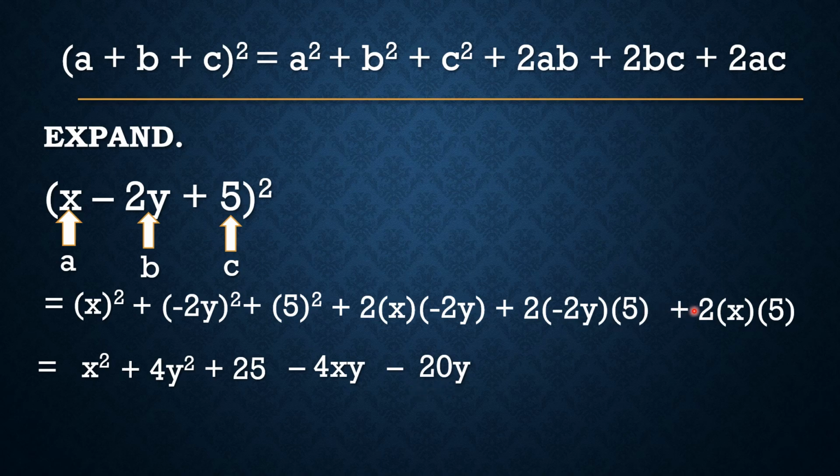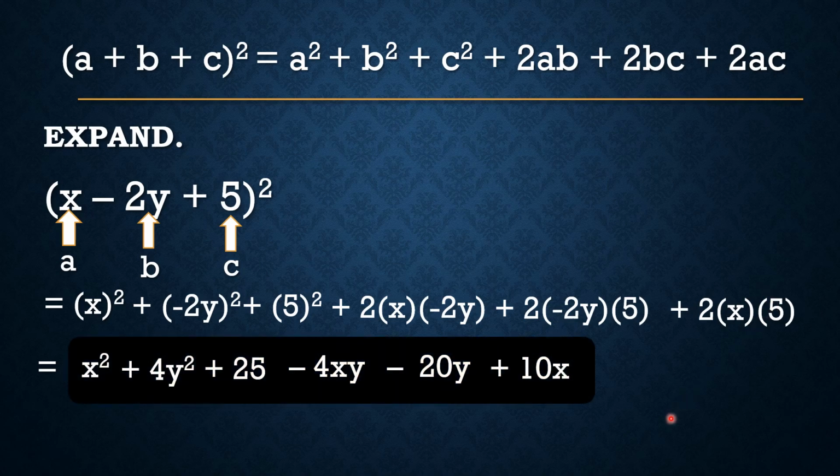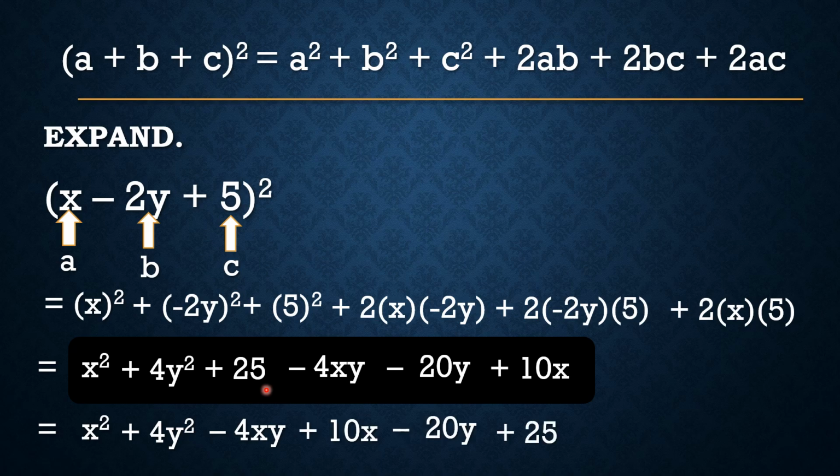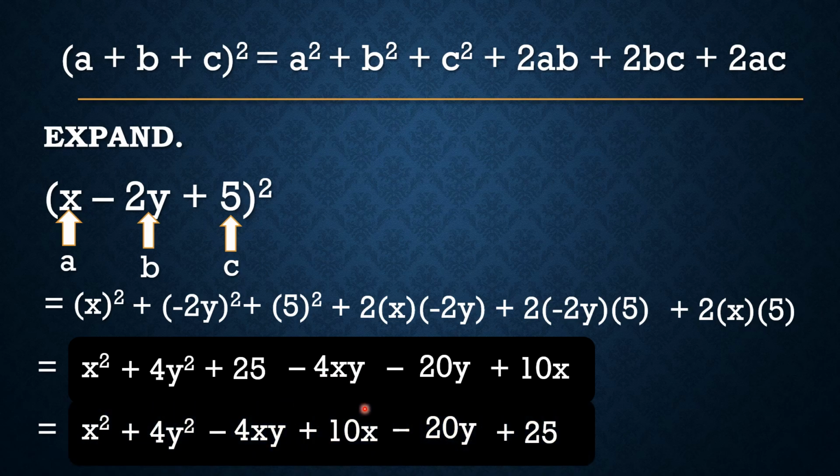Then last, 2 times x times 5, and that is positive 10x. So this is our answer when we square this trinomial. Or we can rewrite this in this case, wherein the constant is in the last term, and then we rearrange the terms. Okay? By commutative property, hindi naman magbabago yung meaning o yung answer.